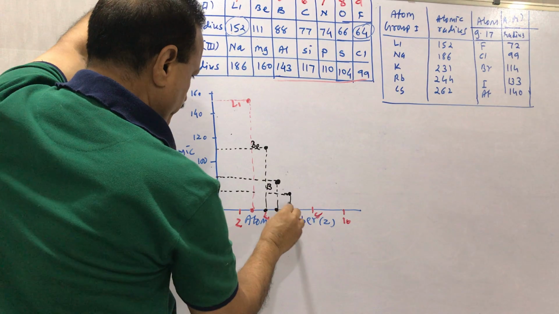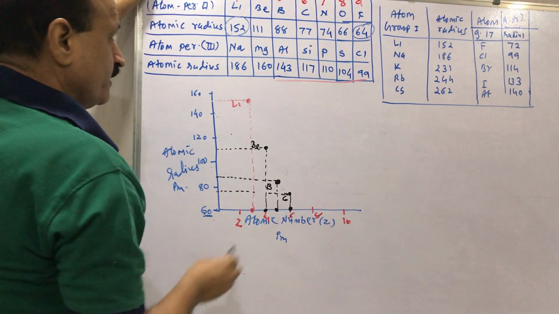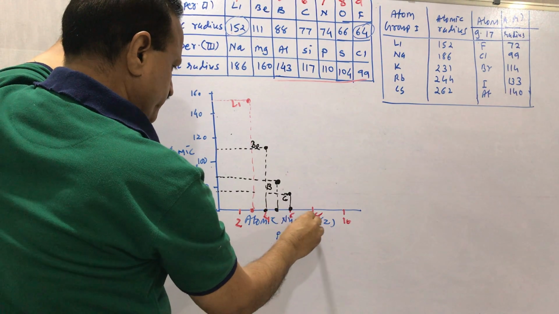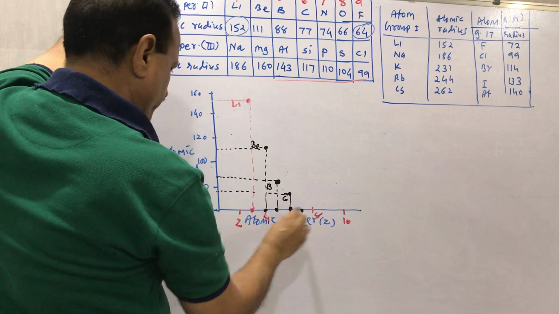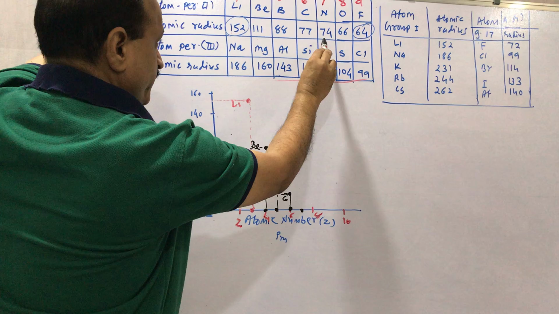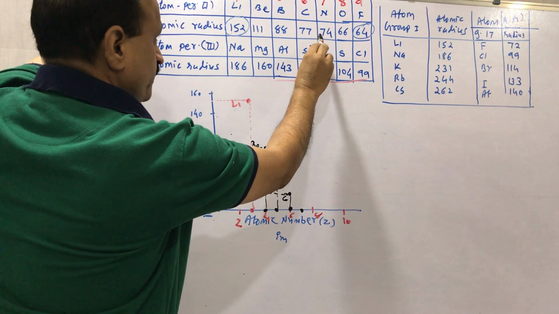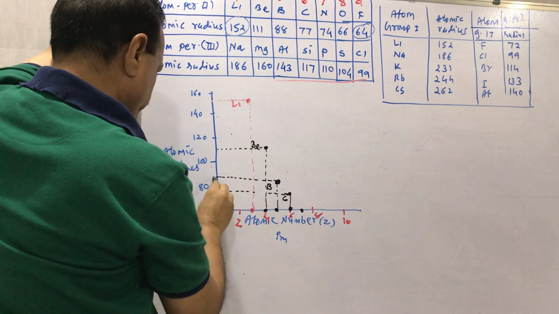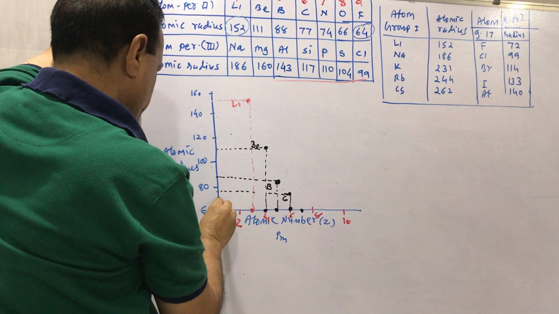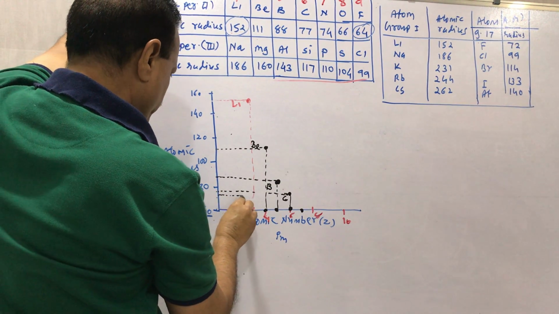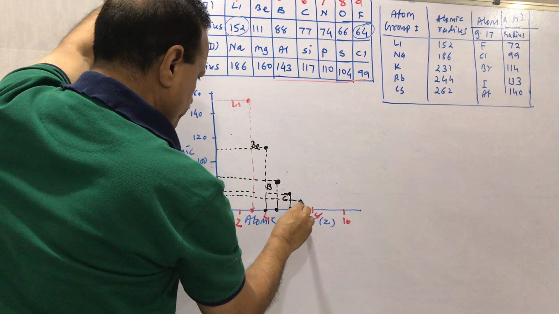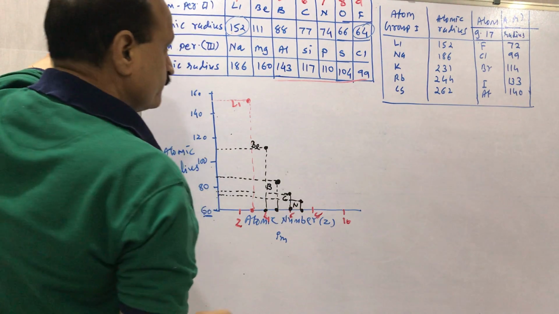This is for carbon. Then nitrogen 7, 74, sorry, nitrogen 7 is between 6 and 8, and the value 74 is between 60 and 80. This is for nitrogen.